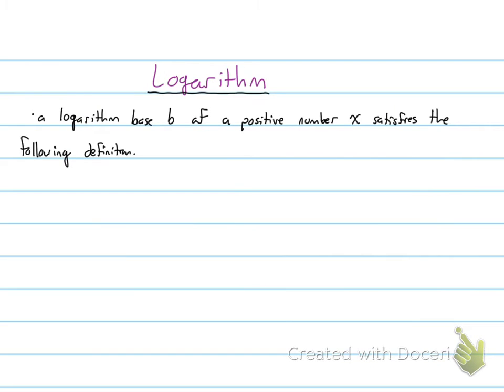Next, let's talk about a logarithm. A logarithm base b of a positive number x satisfies the following definition. For b greater than 0 and b not equal to 1, log base b of x equals y if and only if, which we can write as iff with two f's, b to the y power equals x.